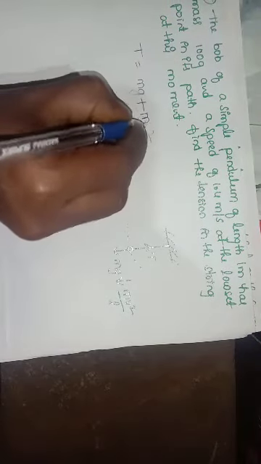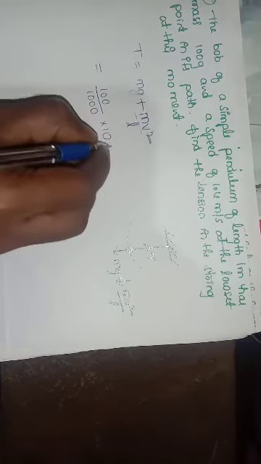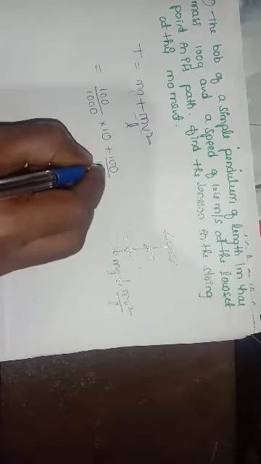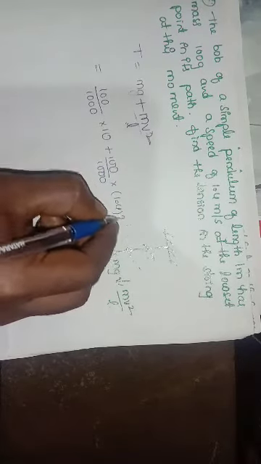Tension is balanced with these two forces. What is the mass of the bob? 100 grams is given. I am converting this into kgs, dividing by 1000, into 10 plus 100 by 1000 kgs into 1.4 whole square.